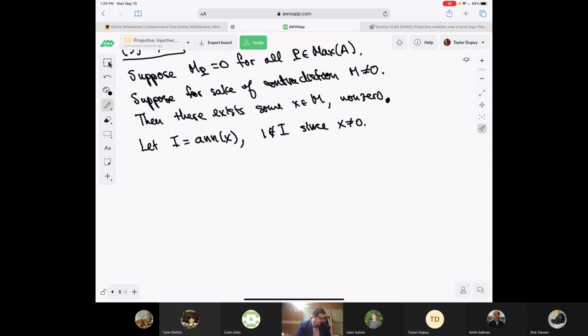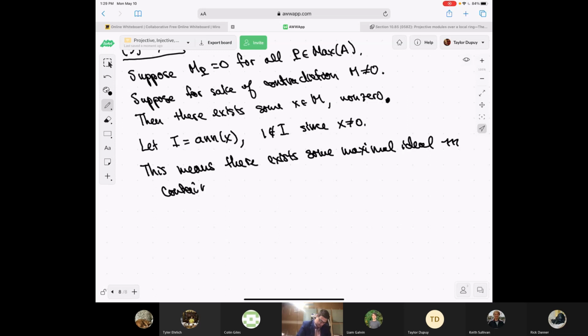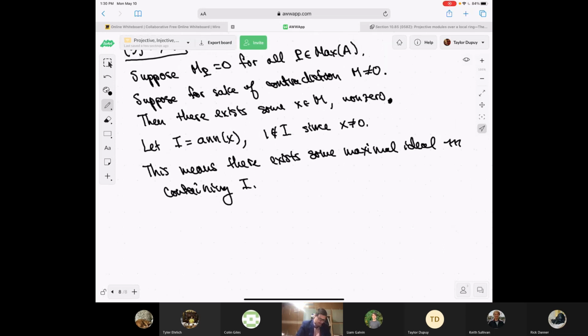So this is an ideal, and it's not equal to the unit ideal. And so this means there exists some maximal ideal M containing I. Okay, so now we know that x is non-zero, but after we localize, it will be 0.